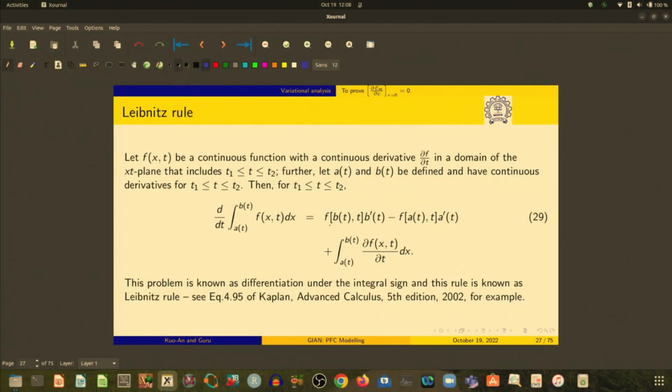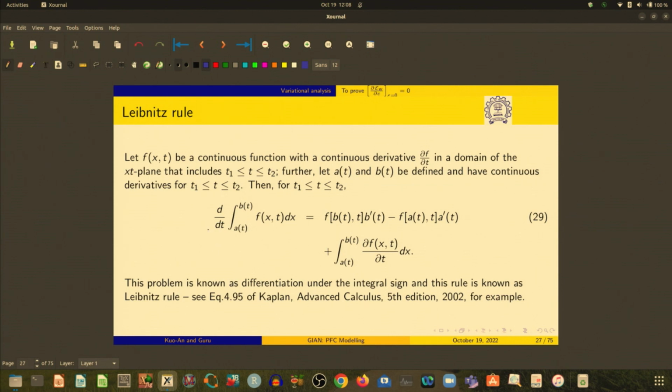Then you take f, substitute b(t), multiply by b prime, which is ∂b/∂t, minus f substituted at a times a prime(t), plus the integral from a(t) to b(t) of d/dt of f.